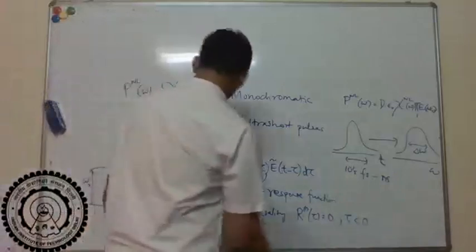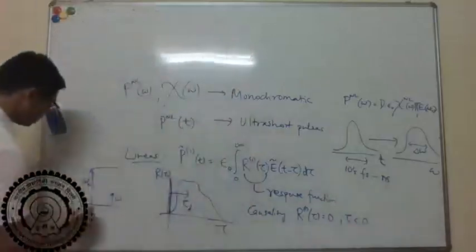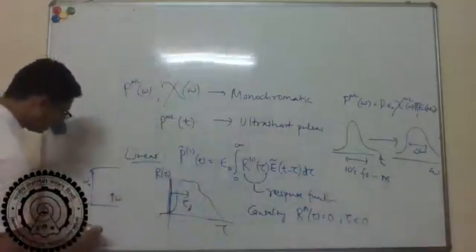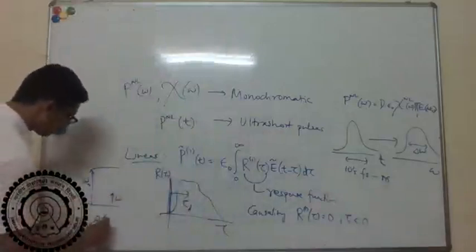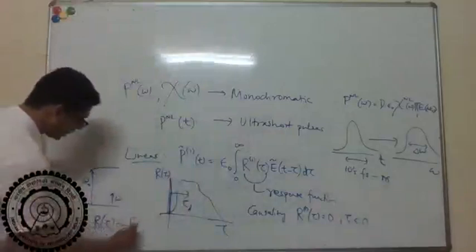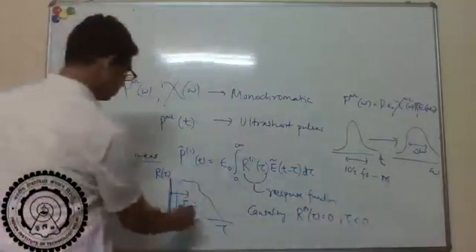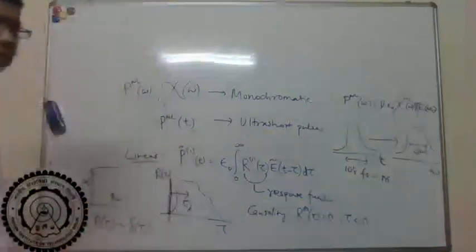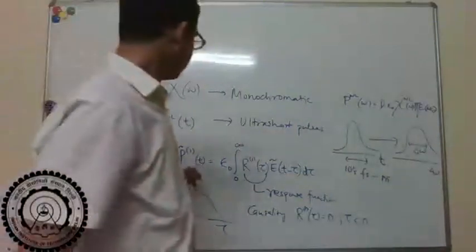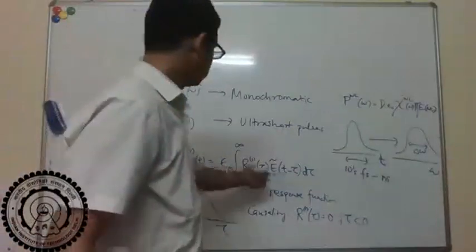So for such a case, R of tau as delta of tau is a good approximation, right? So this response is just a delta, which means you can say P of t is just proportional to E of t.